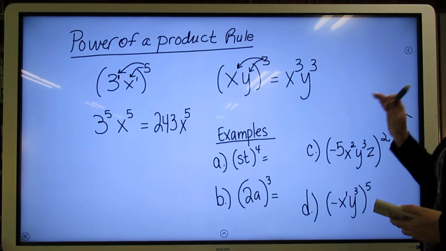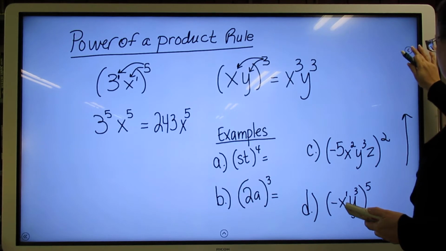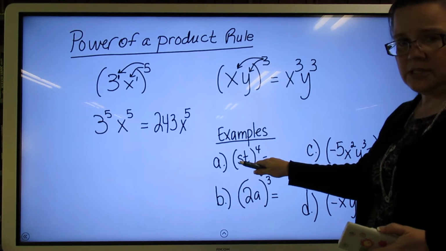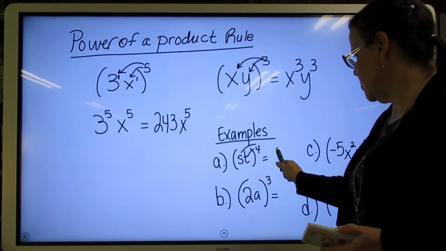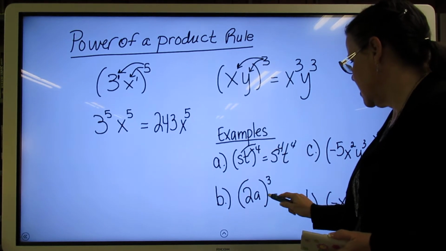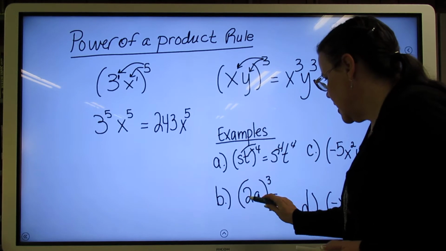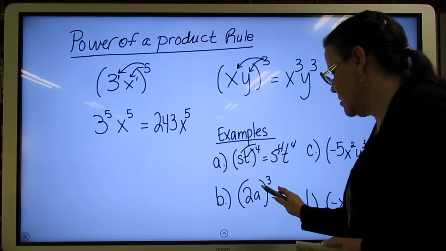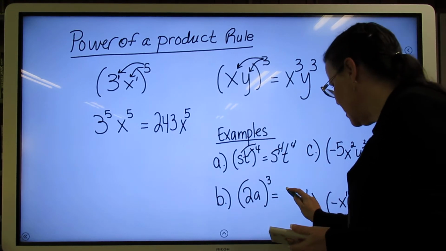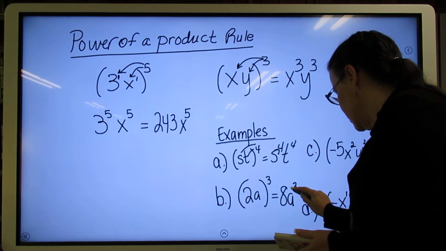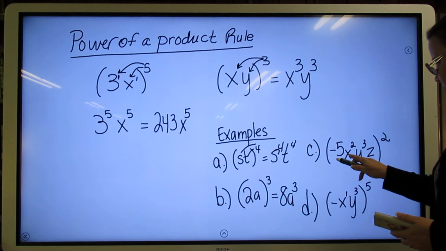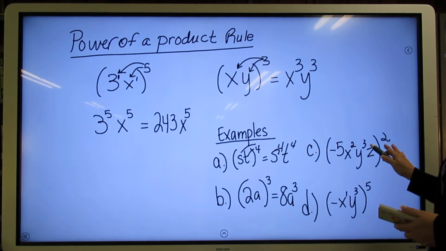Okay? And then I have some more examples here. Let me erase the little thing. Okay, so this one. So, again, would be what? S to the 4th, t to the 4th, right? And then 2 to the 3rd, and a to the 3rd. So 2 to the 3rd is, I believe, 8. Yeah. All right. And then that would be that answer. And then we have negative 5 x squared y to the 3rd z.